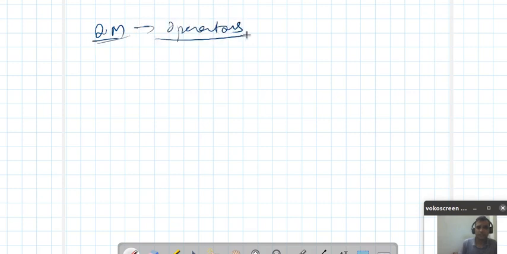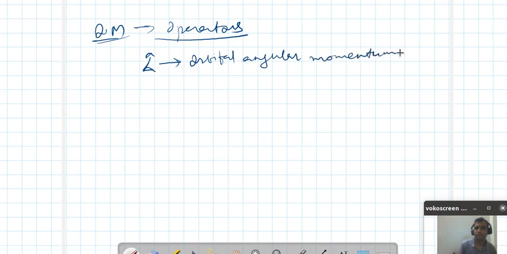So let us define the angular momentum operator, represented by L cap, and let me call it the orbital angular momentum operator, because angular momentum is related to the orbital motion.